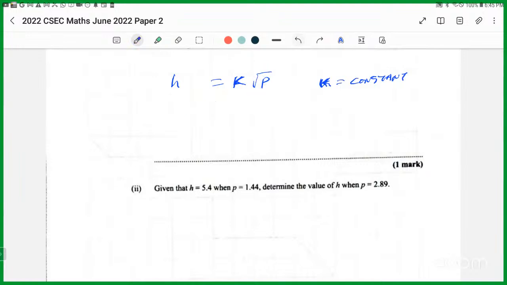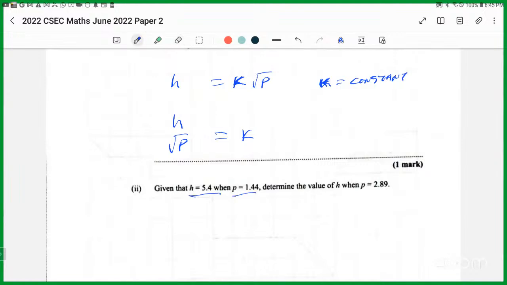It means then that k is h over the square root of p. What that means is that h over the square root of p is a constant value. Cannot change. The ratio of h and the square root of p is the same for any pair of values of h and p. All right. So they have given us one pair here.